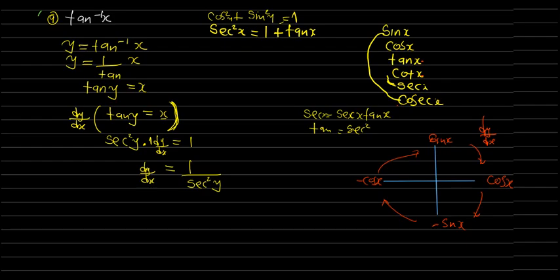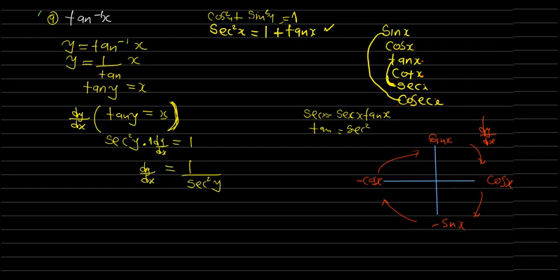If they are squared, this plus this gives you 1. Then sec squared minus tan squared will give you 1. So you have to master it in that way. This is the identity I'm trying to show you.